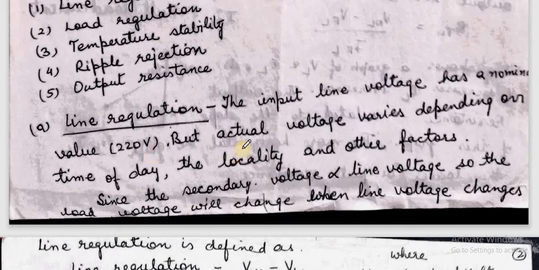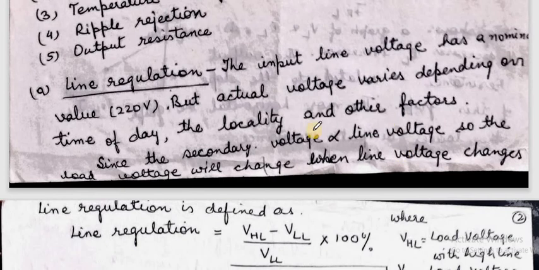But what happens actually? The actual voltage varies depending on the time of the day. It also depends on the locality and many other factors. So there is continuous variation in the actual voltage that is being supplied to the house.